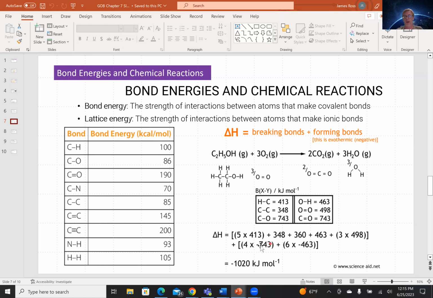So when we take these 4 carbon-oxygen double bonds, each with a value of 743, we just add a negative value here. And then finally, we've got this 463 value, which is the OH bond. Each water molecule has 2, and I've got 3 water molecules, so that is 6 total.